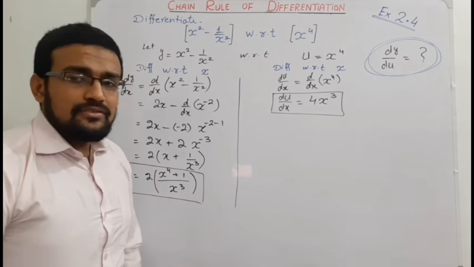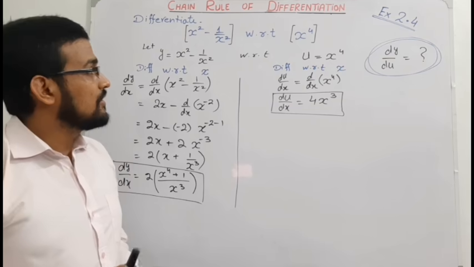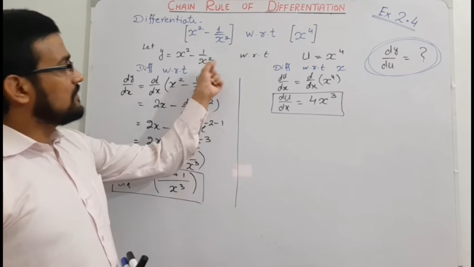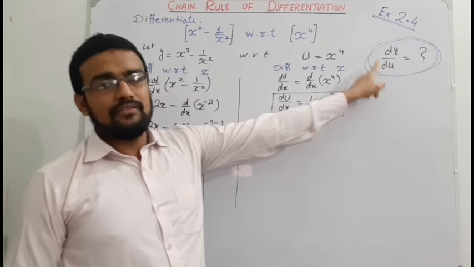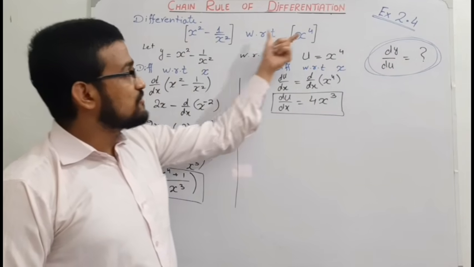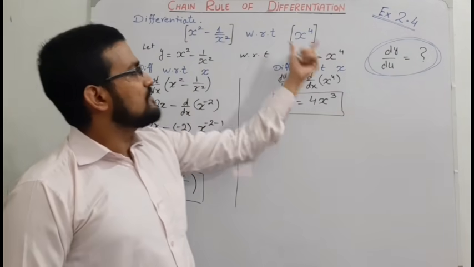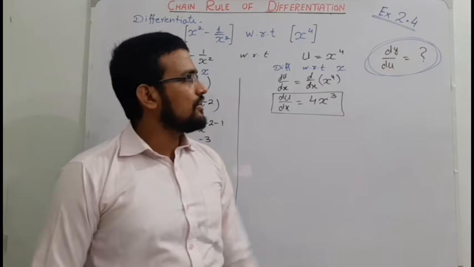But this is not the answer we need. Our requirement is this function with respect to this. This is y, this is u, so it means dy over du.